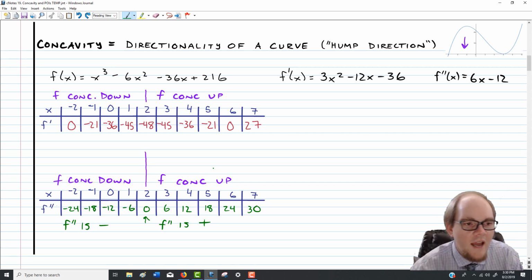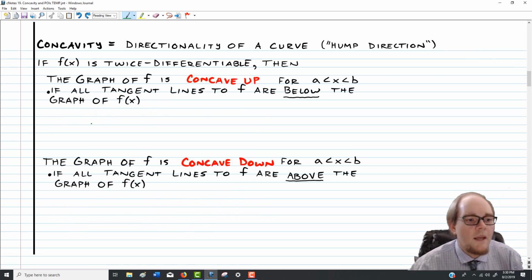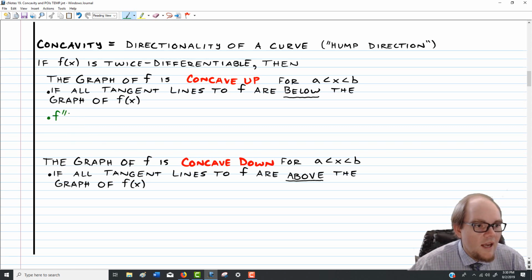And in fact, I'd love to add that to my definitions on the next page. So if you could, please add to your definition for concave up that an alternate definition is that f double prime of x is greater than 0, or you could say f double prime is positive.